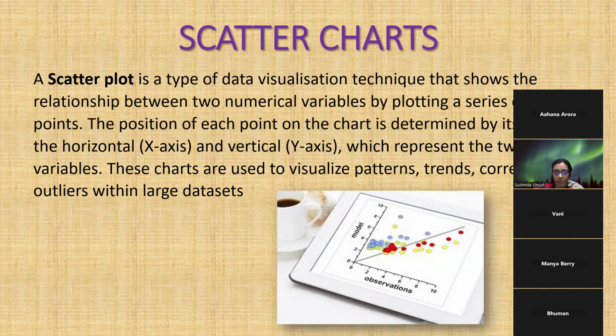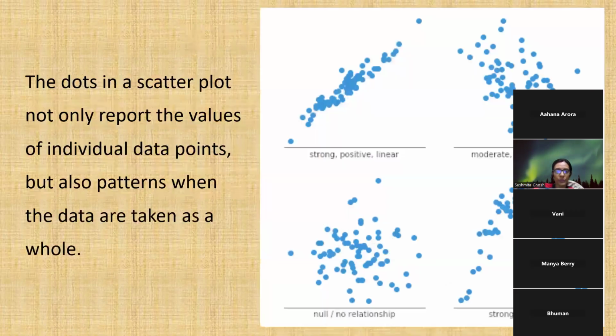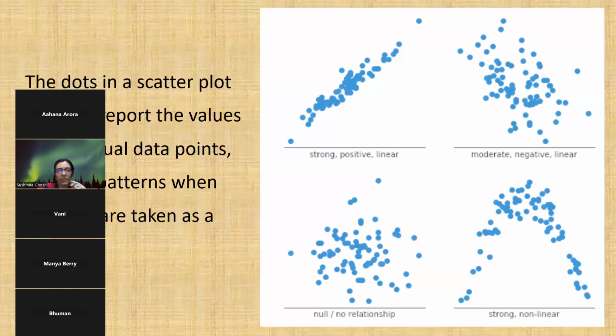Then why do I need a scatter chart? Now what happens in a scatter chart? If I show you a few displays, you'll find that you can find a trend. Basically we use scatter to show a relationship where the data is big. In a line chart, smaller sets of data are represented.